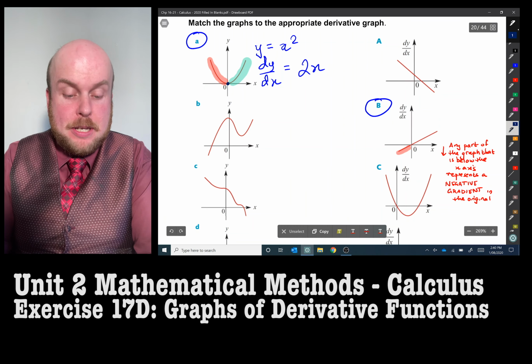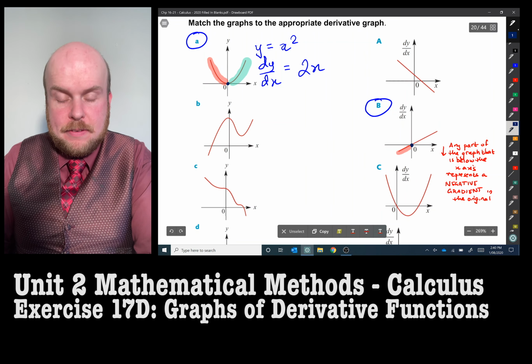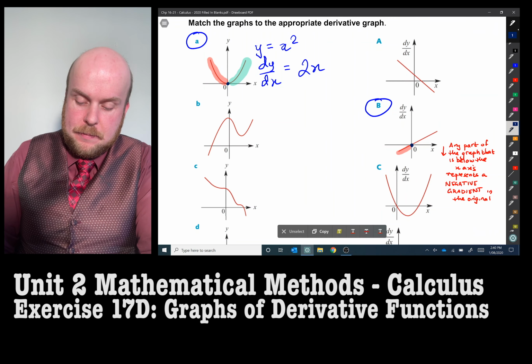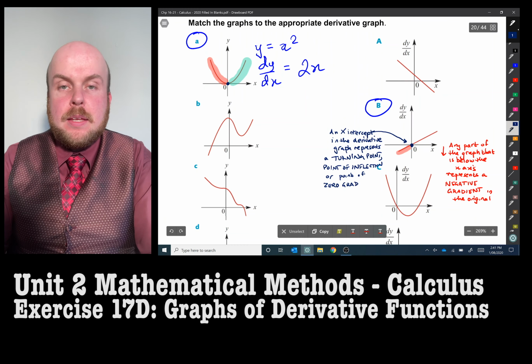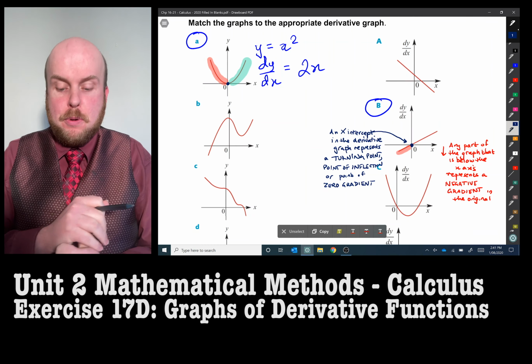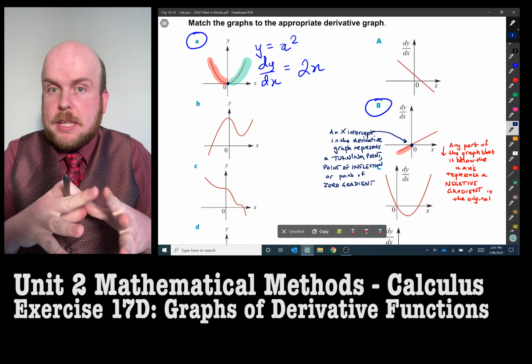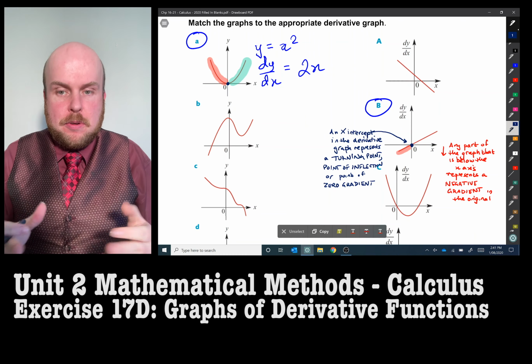We have a turning point at x equals 0 and an x-intercept in the derivative graph at x equals 0. Therefore, an x-intercept in the derivative graph represents either a turning point, a point of inflection, or the category that we call stationary points, or points of 0 gradient.